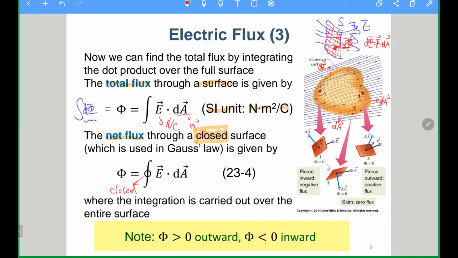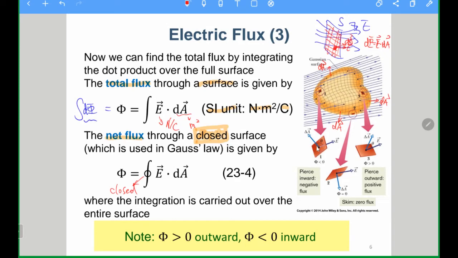Okay, so if this theta is less than 90 degrees, then phi will be larger than 0. If this is a right angle between the E field and dA, then phi will be 0. And if this angle is larger than 90 degrees, then phi will be less than 0.